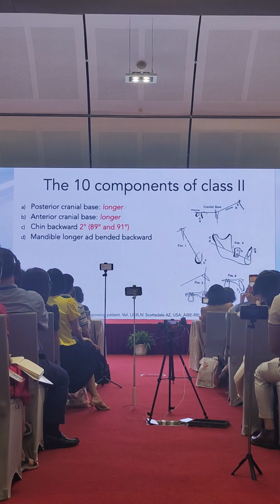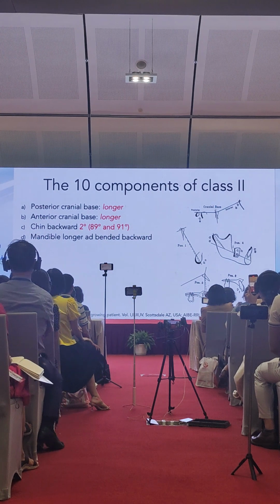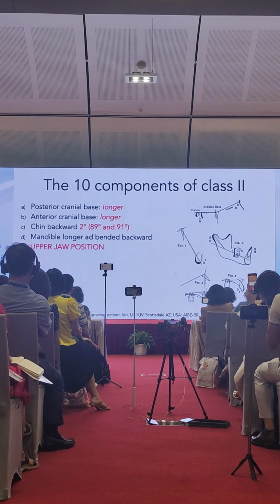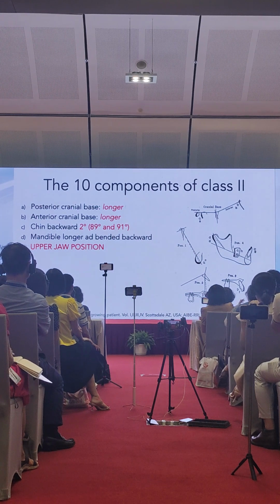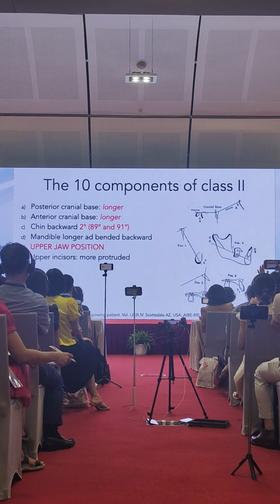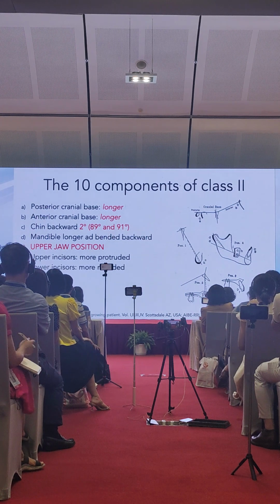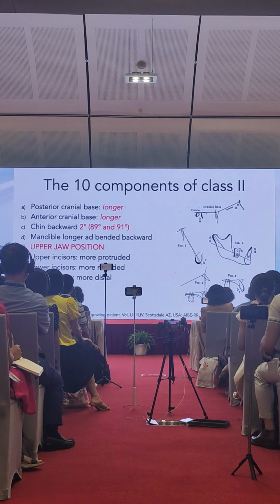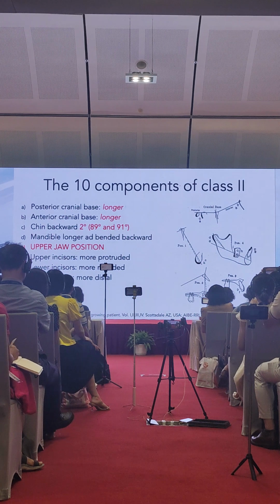It's a compensation. But the main difference is the upper jaw position. The upper incisors are more protruded in class 2, lower incisors are more retruded, so we have a large overjet, and the lower molars are more distal in class 2.